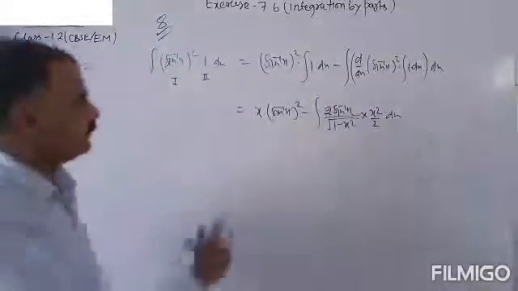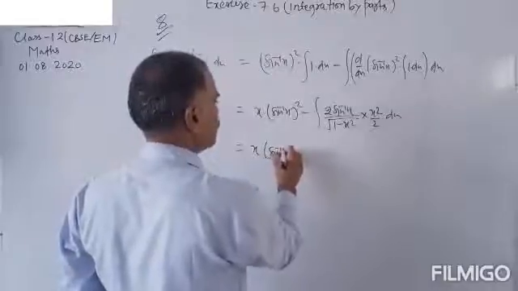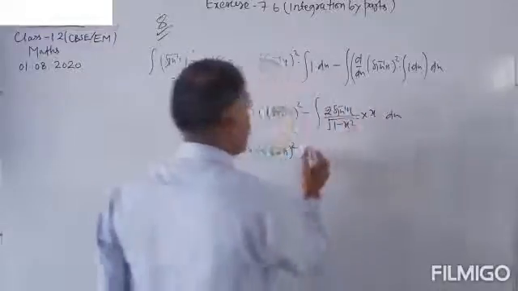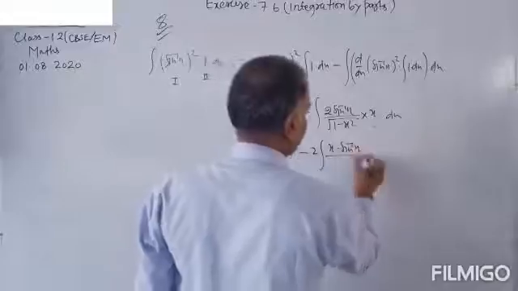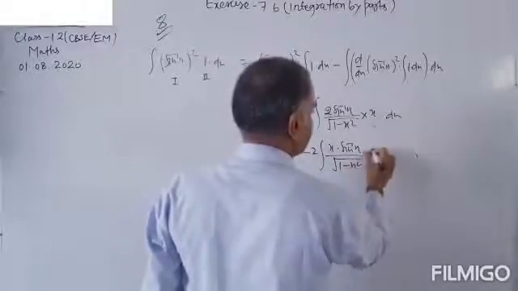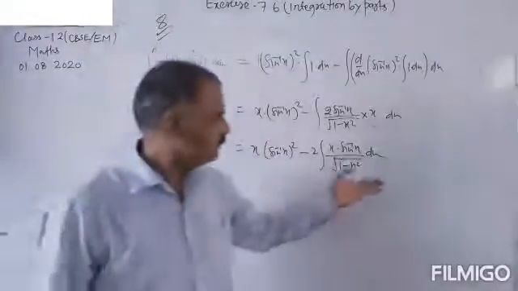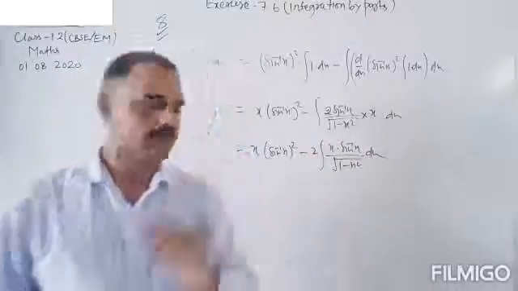So this is equal to x (sin inverse x) square minus 2 x sin inverse x upon under root 1 minus x square dx.